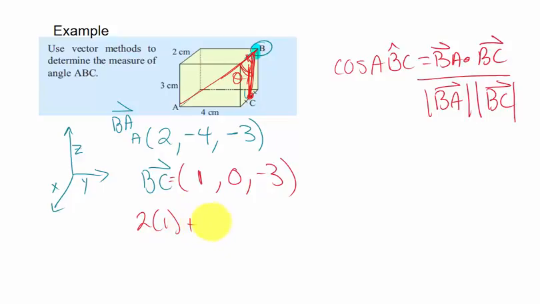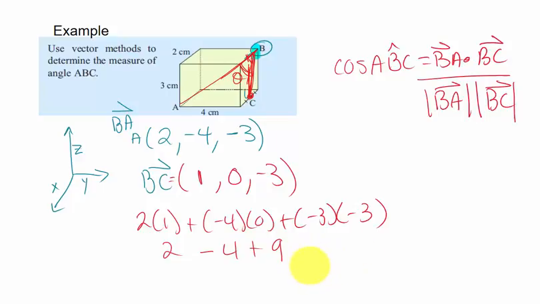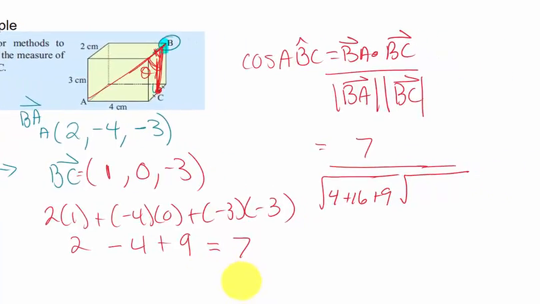So 2 times 1 plus -4 times 0 plus -3 times -3, which is 2 minus 4 plus 9, which is 7. We get 7 over, now the magnitude, so 2 squared is 4, plus 4 squared is 16, plus -3 squared is 9, and then BC, 1 squared, 0 squared, and -3 squared.